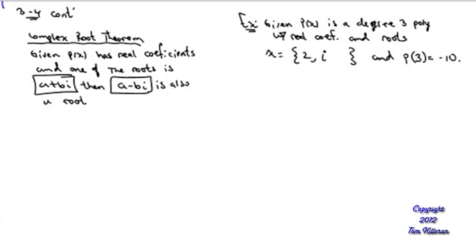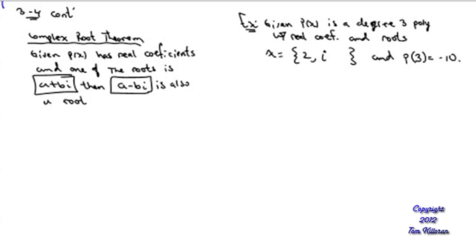The problem is I only gave you 2 of them, a 2 and an i. So what's the third root? If a plus bi is one of the roots, then a minus bi is the other. So I have i here as the imaginary one. What's its conjugate? Negative i.